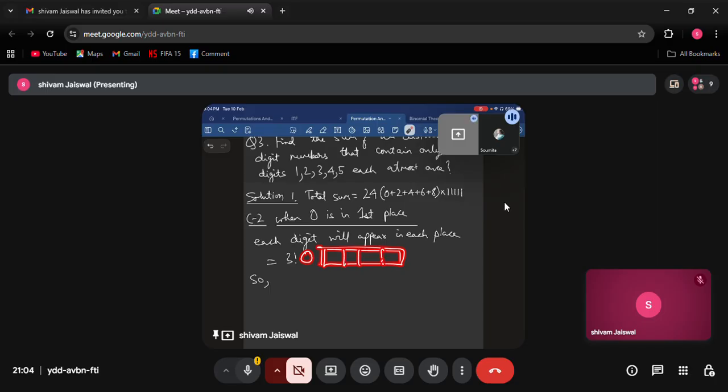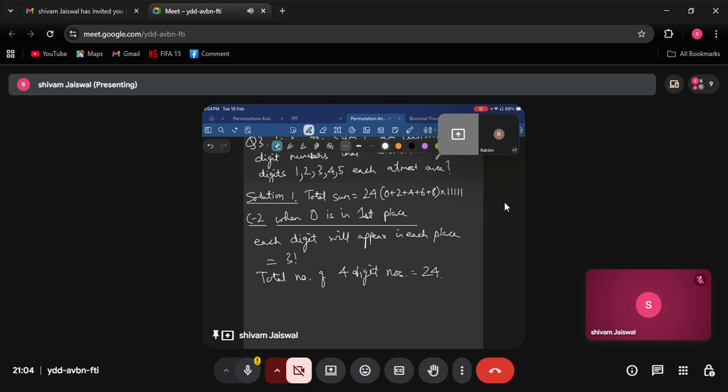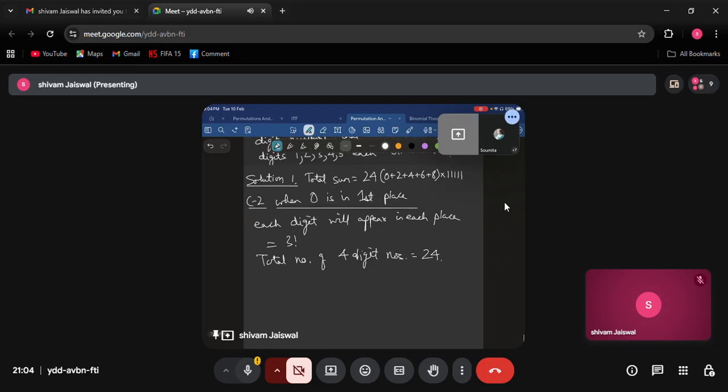Now, in these 4 digits, what is the total number of 4-digit numbers? It is 24. And each digit will appear how many times? 6 times. 24 by 4, unitary method. Have you forgotten the unitary method? Is it clear? Yes.